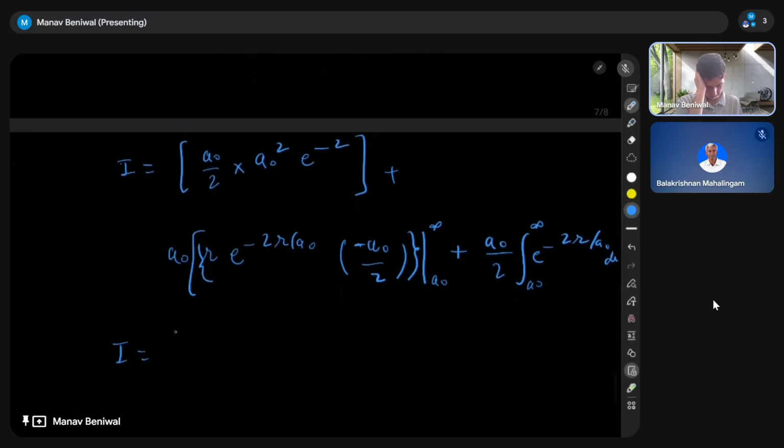Okay, so our I then becomes a naught cube by 2 e to the minus 2 plus a naught, and here again putting infinity will just give us 0. So again here we'll have this a naught, putting a naught, again e to the minus 2.